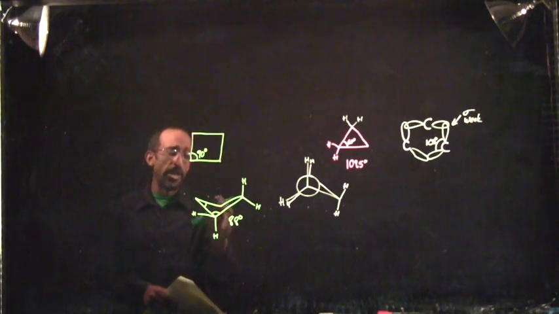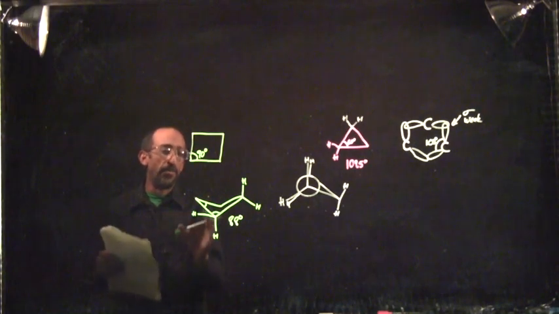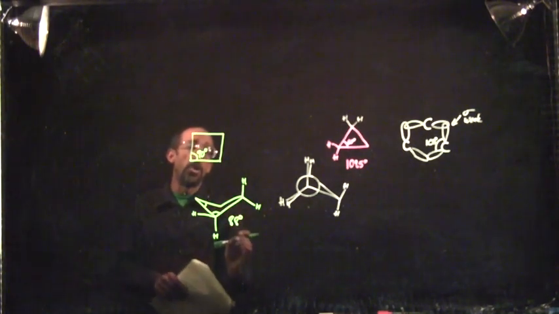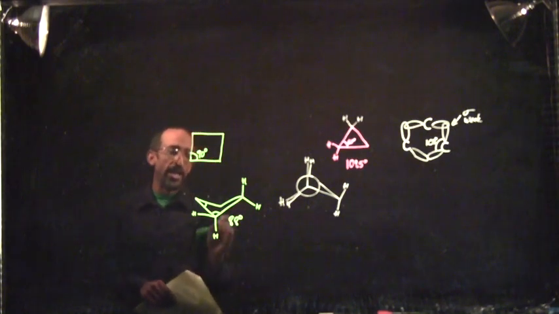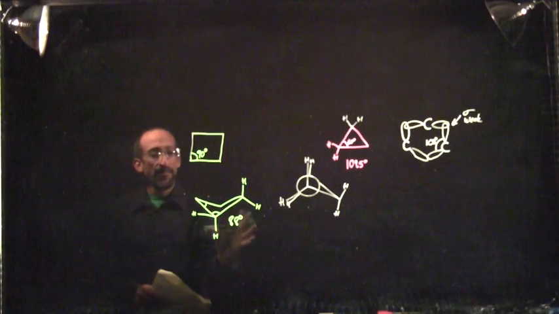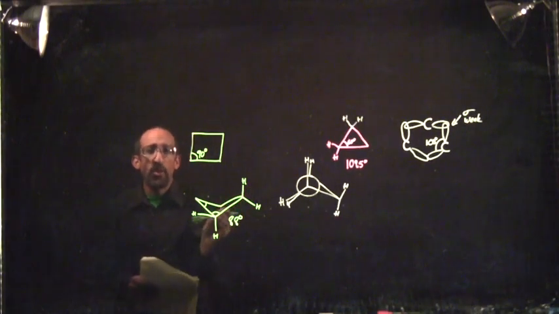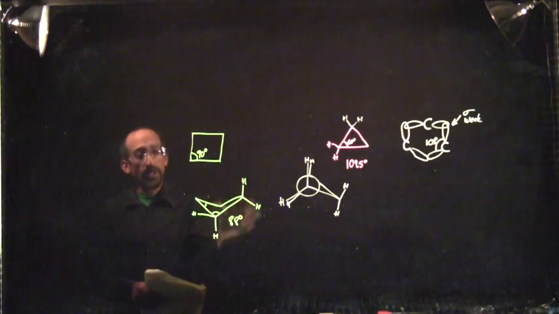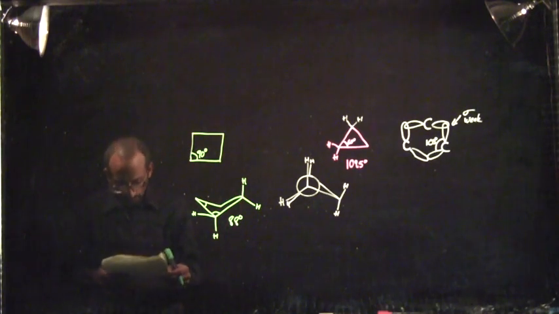And so cyclobutane can adopt this kind of puckered or folded conformation, as we call it, in order to relieve the majority of the strain.